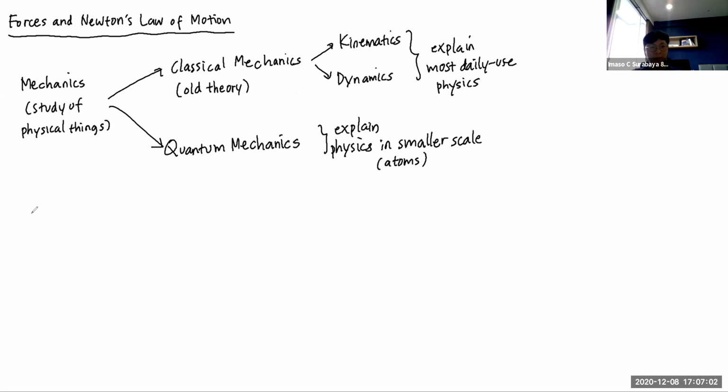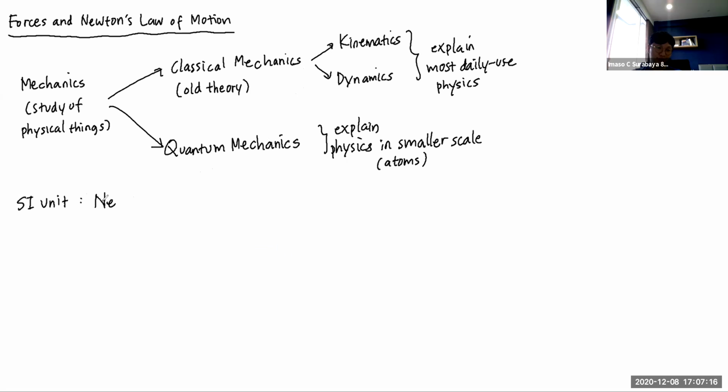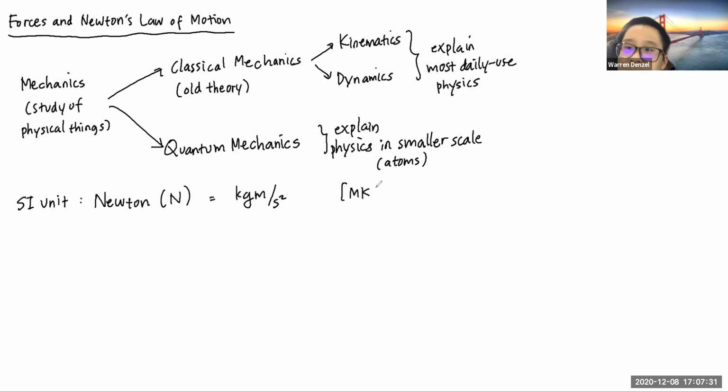Back to this one. Forces. What is the SI unit of force? The SI unit of force is the Newton, hence Newton's laws of motion, right? Or N. 1 Newton is equal to 1 kilogram meter per second squared. This is the MKS system.